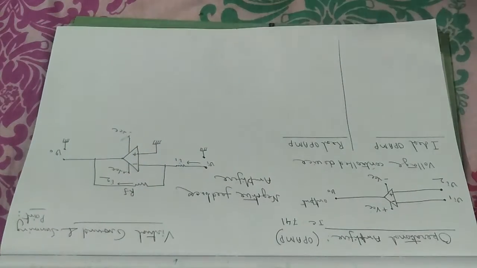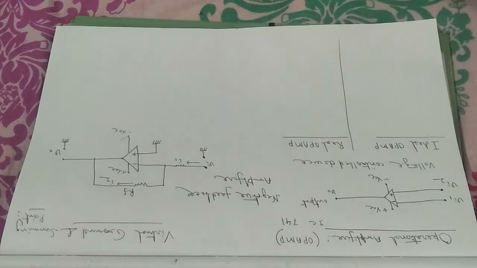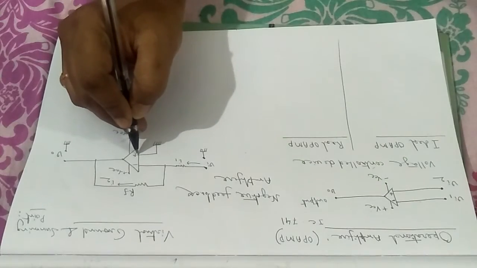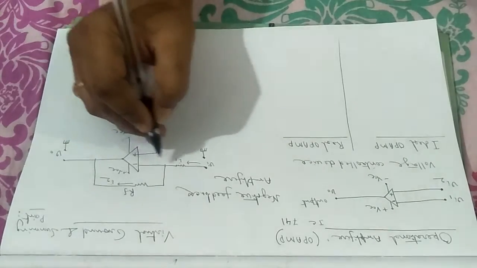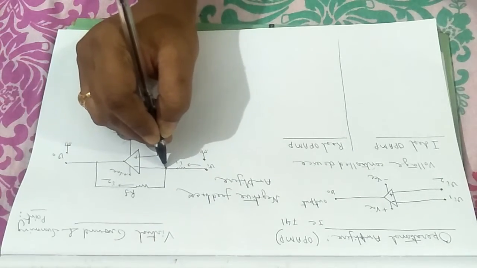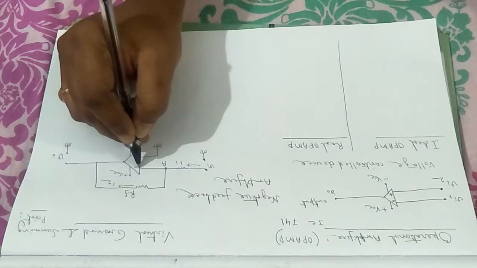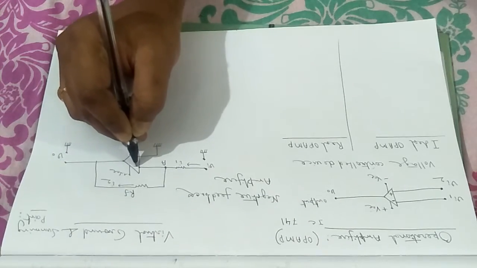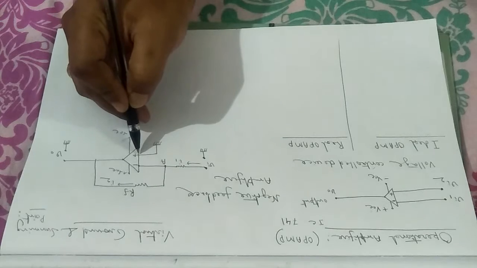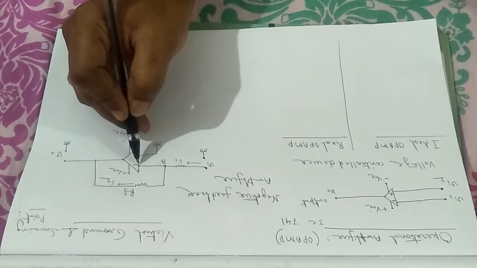In case of the op-amp, if you look at its characteristics, and if you have one multimeter with you, you will see that if the non-inverting terminal is grounded, then at point A, the connecting point with the inverting terminal, the voltage appears to be 0, as if it is also grounded.